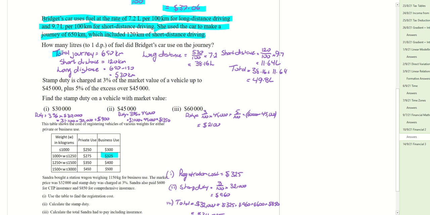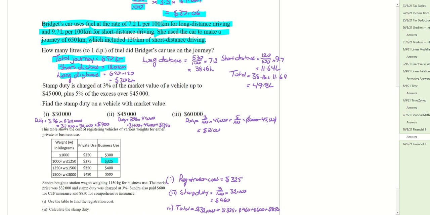So her total journey was 650 kilometres. They told us that short distance was 120, which means her long distance driving was the 650 minus 120. She did 530 kilometres of long distance driving. So the fuel she used, she did 530 divided by 100, lots of 7.2 litres. So that is 38.16 litres for long distance driving.